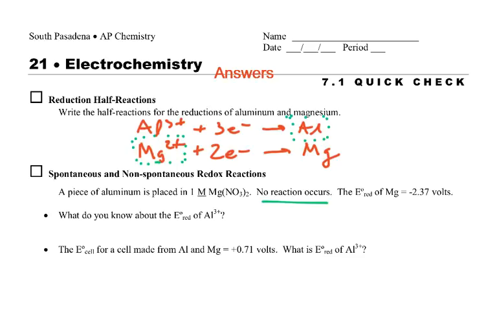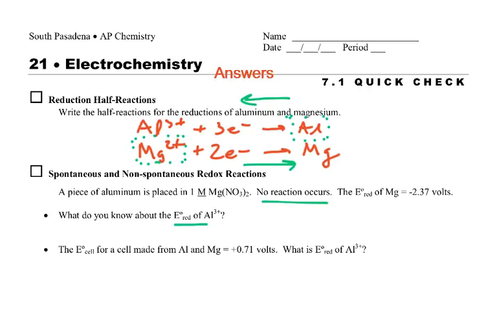So the situation here is, what do we know about the reduction potential of the aluminum? Well, if aluminum metal and magnesium ion do not react, that means the order that I've drawn them here is actually correct. For this reaction to occur, my aluminum would have to be oxidized and my magnesium would be reduced.